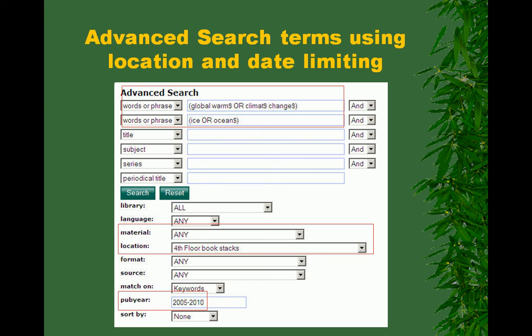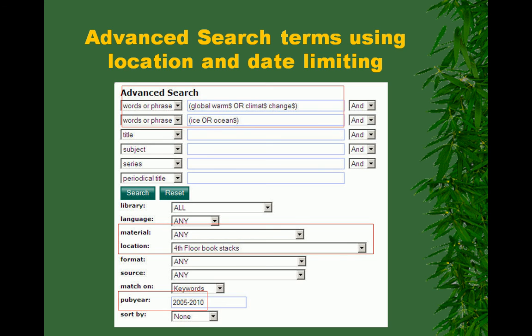The advanced searching page will allow me to search by utilizing Boolean operators and truncation and adjacency, and even nesting. In the search illustrated here, I'm using the $ as the truncation symbol to pull up warm or warming, climate or climates, change or changes.